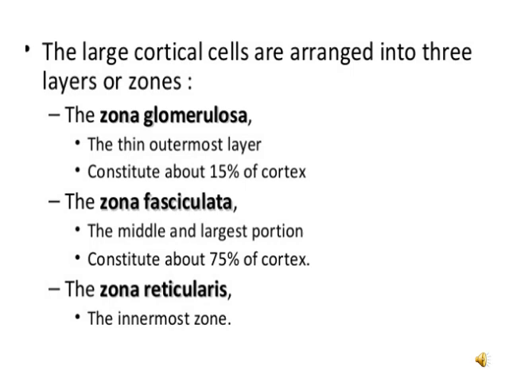Zona fasciculata is the largest portion of the adrenal cortex and constitutes about 70% of the cortex. It secretes a lot of hormones, cortisol and cortisone, which are important for the regulation of different metabolic processes. The innermost layer is known as zona reticularis and it is the smallest and thinnest layer of the adrenal cortex.